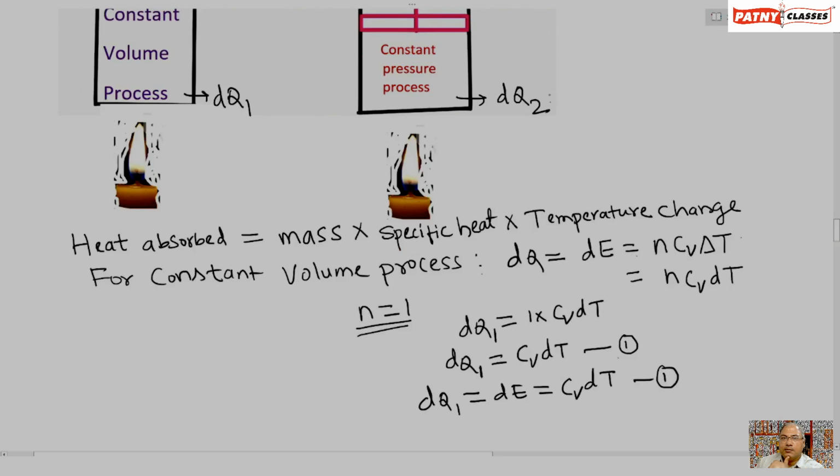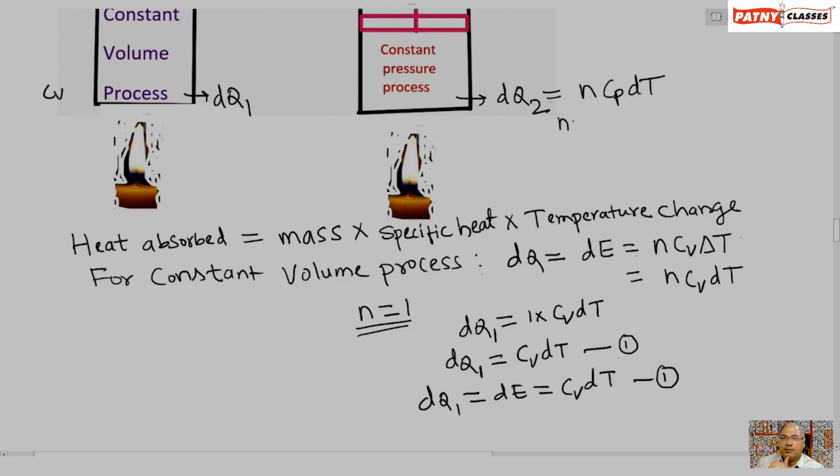In the case of the constant pressure process, dQ2, the heat absorbed by the gas, is again the product of n, Cp and dT. In the constant volume process we multiplied by Cv, and in the constant pressure process we consider Cp.